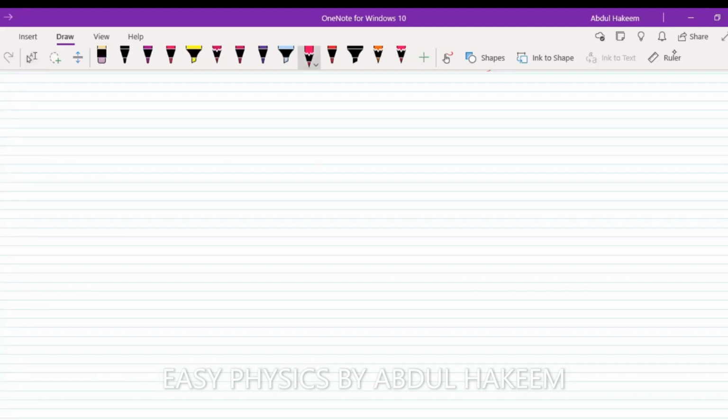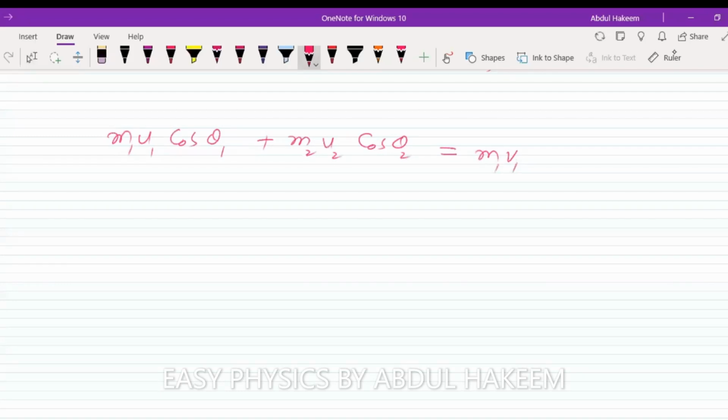For the X component, we will write M1 U1 cos theta 1, plus M2 U2 cos theta 2 is equal to M1 V1 cos theta 3 plus M2 V2 cos theta 4 for the X components.